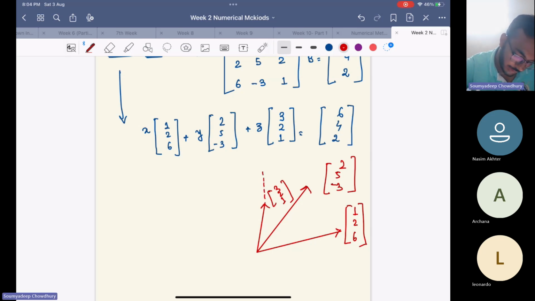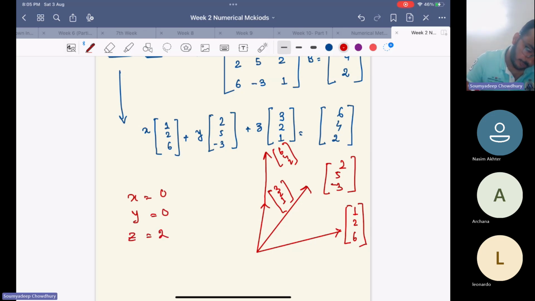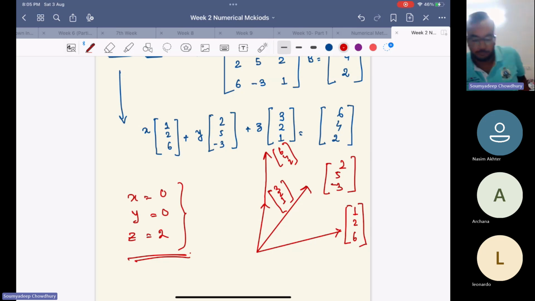So if I extend this vector, this is my 6, 4, 2. So x and y here will be 0 and z is 2. This is the correct combination of the coefficients to get the RHS matrix, which is 6, 4, and 2.